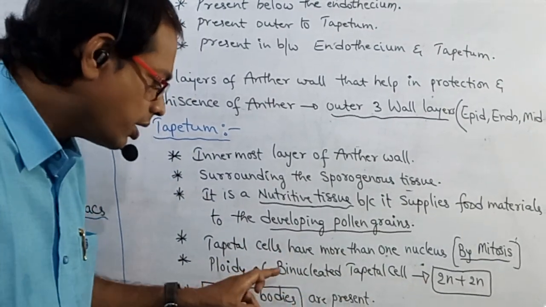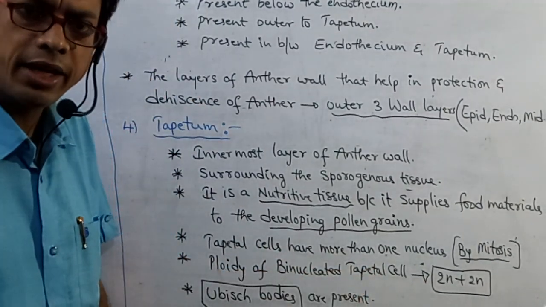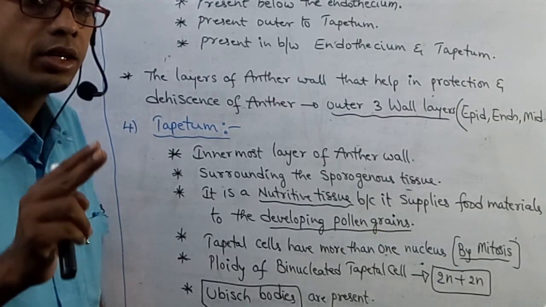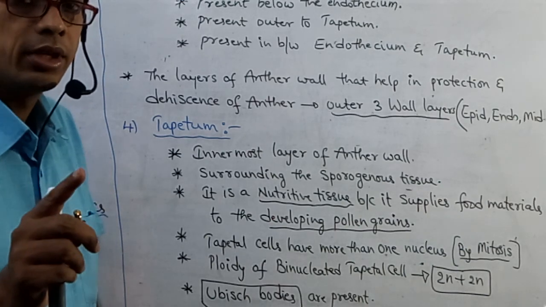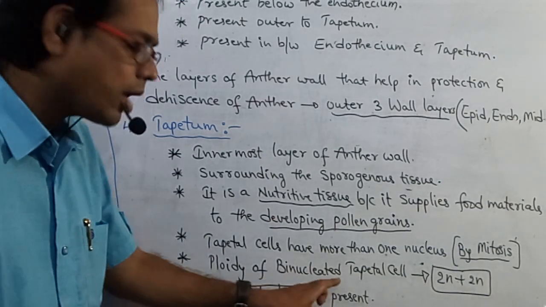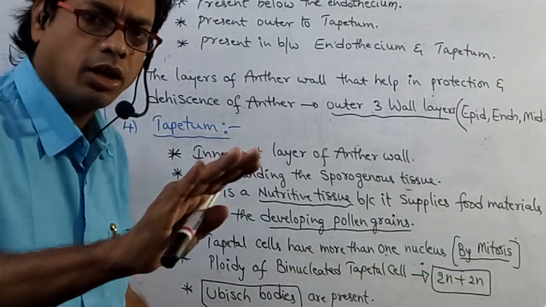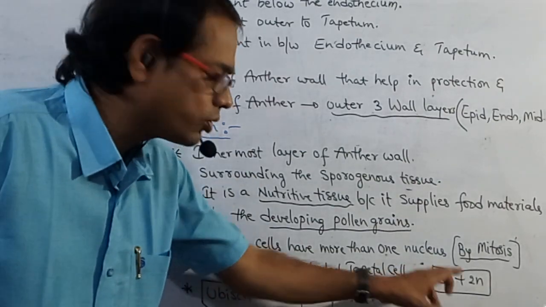Here what they said? Binucleated tapetal cell. How many nuclei are present in tapetal cell? 2 nuclei. Each tapetal cell nucleus is diploid, having one nucleus. If 2 nuclei are present, we have to say 2n plus 2n. Don't say 2n. Don't say 4n.